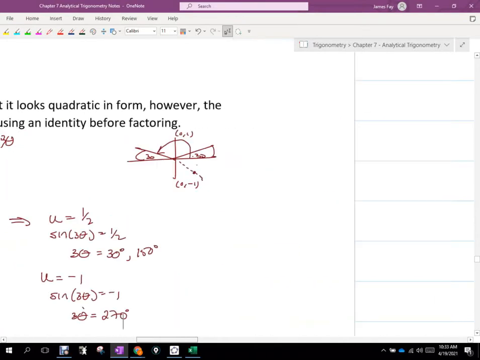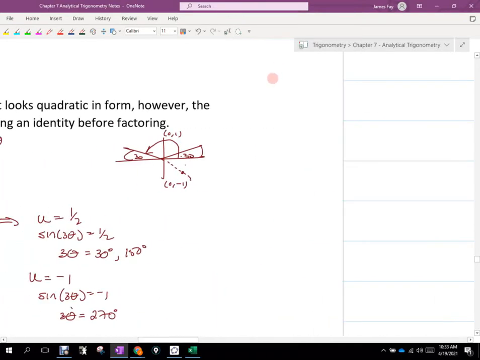Now we have to address the multiple angle situation. I'm going to write it this way. 3 theta equals 30. 3 theta equals 150. 3 theta equals 270. I'm going to add the period times k to each of those.